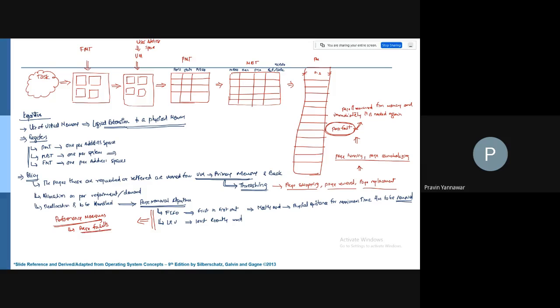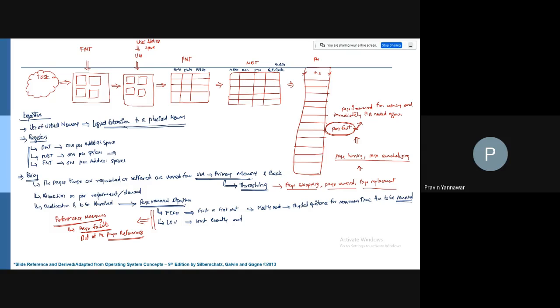How many times page faults occur out of the page sequence, the page references? Out of the total page references, say you have n page references and you get some x faults, then when you compute the percentage, you are computing the performance of the system. Okay, so this is really very important, which you need to understand.